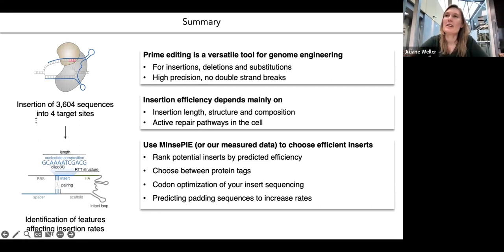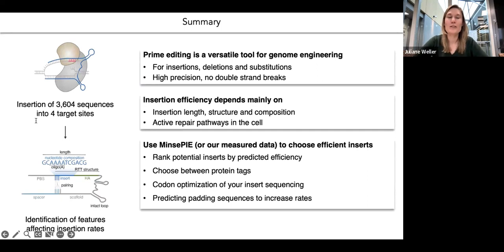Maybe as a good or bad value, we usually predict relative insertion rates. So we score an insert against our library. A good value would mean that from all the inserts we tested, this one would be one of the highest inserted ones, and a bad one would be lower than most of the ones that we tested.